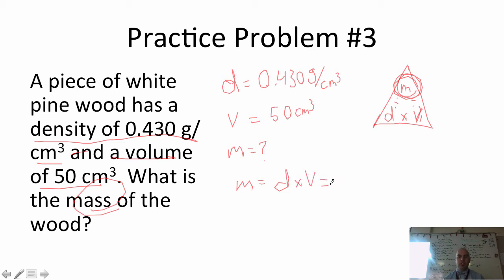And in this case, our density is 0.430 grams per cubic centimeter times, and I don't know why this is just getting worse as I try to write, our volume is 50 cubic centimeters.